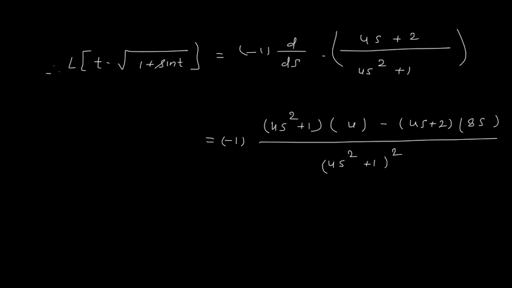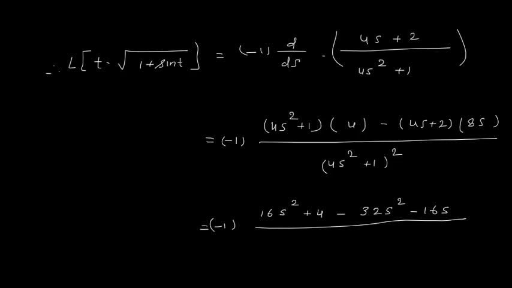So this is equal to minus 1. Now here I will multiply numerator, 4 for the 16s square plus 4 minus 8 for the 32s square minus 8 to the 16s whole divided by 4s square plus 1 the whole square.